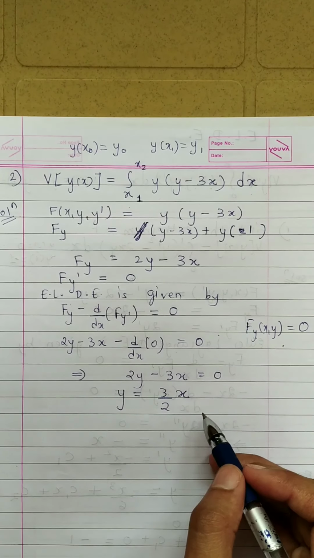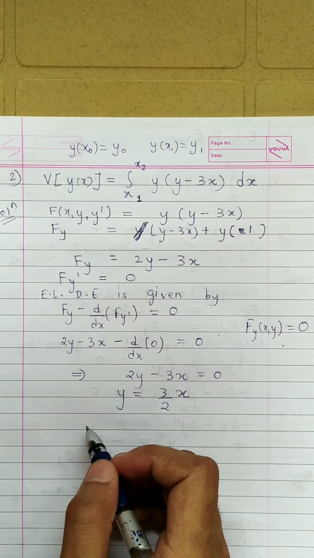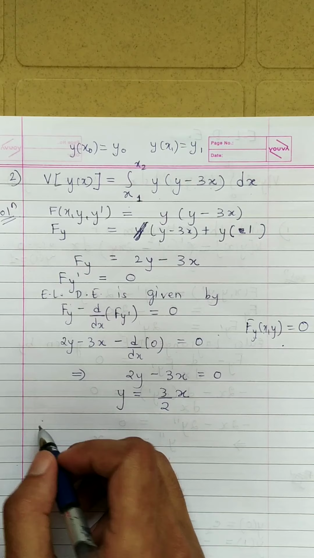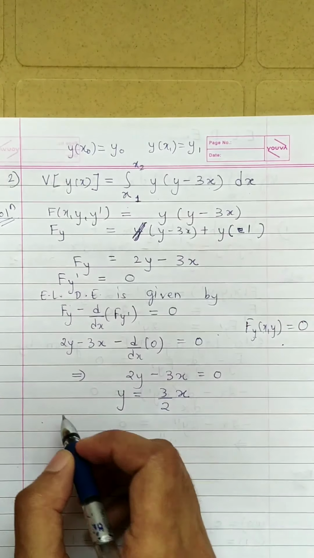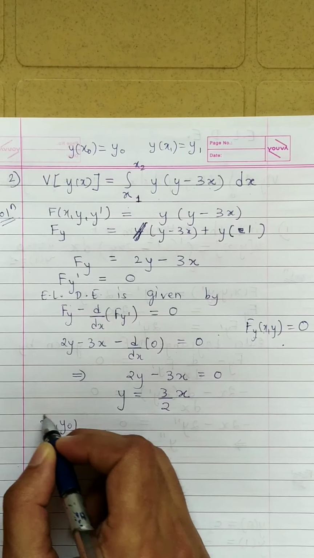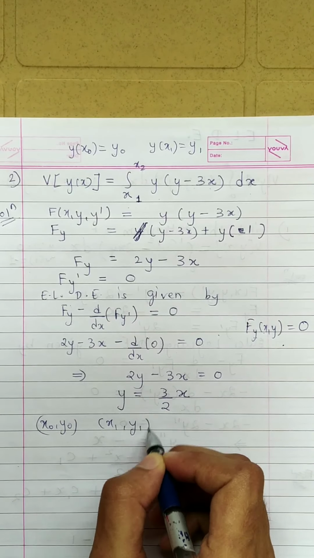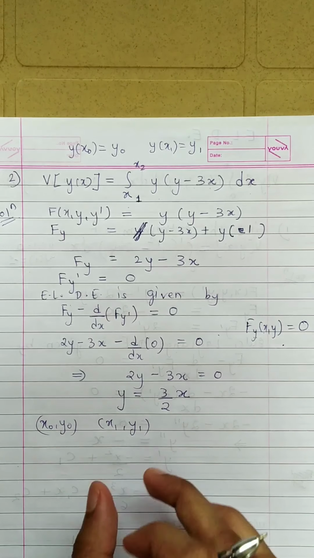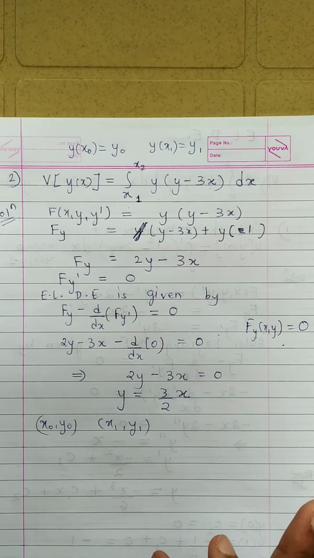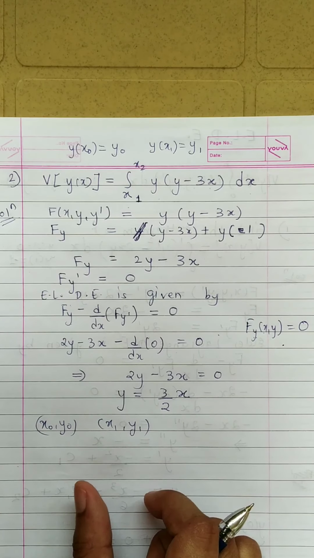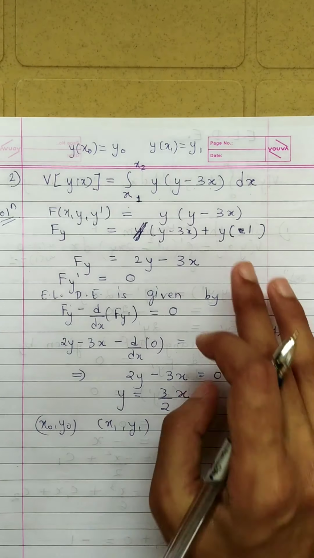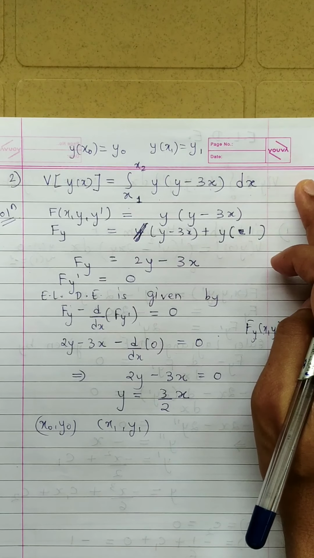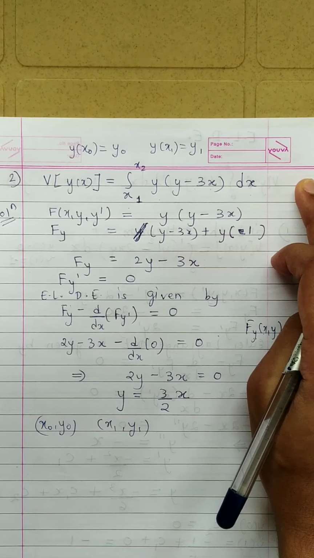For example, the points will be x naught, y naught and x1, y1. If at all the curve is passing through these points, then it will satisfy the boundary conditions, but this will happen very rarely. Usually such a problem will have no extremum attained, meaning the functional will not attain the extremum.